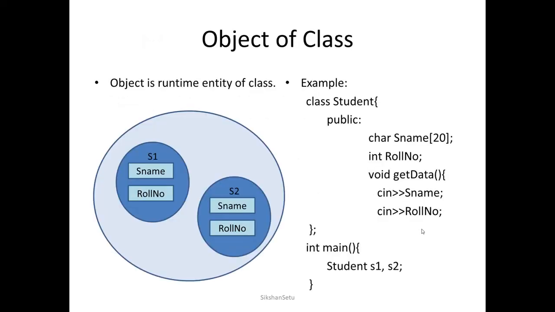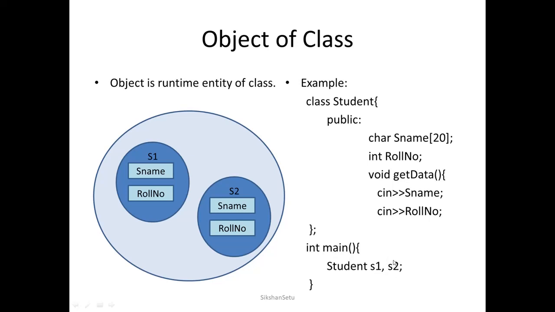Now let's take another concept, object of a class. Now what is an object? An object is a runtime entity of a class. Now see, in this example, this is my class student, with two public data members, name and roll number, and one method I have declared, get data. In the main function I am creating the objects s1 and s2. Now how to create an object?